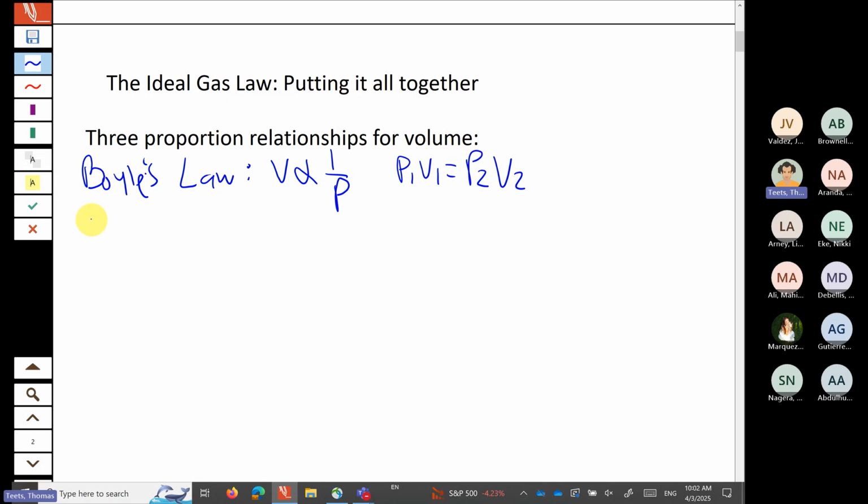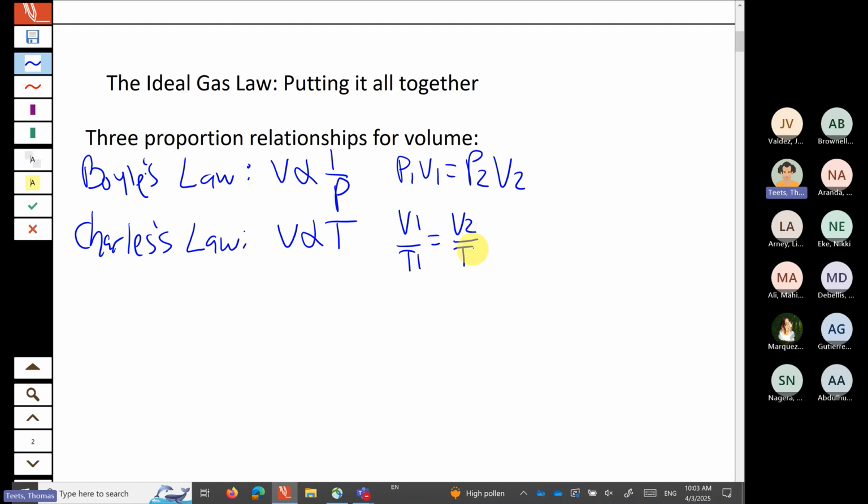For Charles's law, which is the second one that we would have covered, that one says that volume and temperature are directly proportional. So if you increase the temperature of a gas, all else being constant, you're going to increase the volume and vice versa, which can be written as V1 over T1 equals V2 over T2.